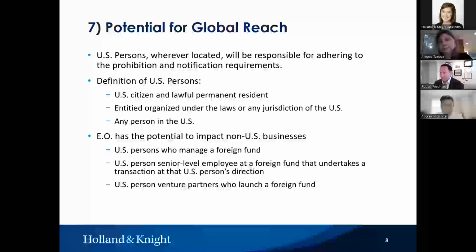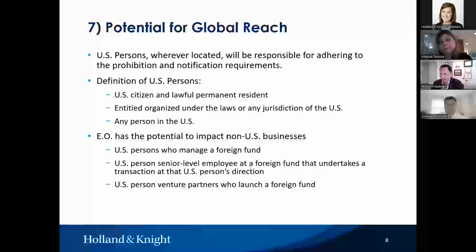And again, at face value, this is intended to be a U.S. investment screening regime in China, but there are a variety of ways in which non-U.S. investors could be impacted.